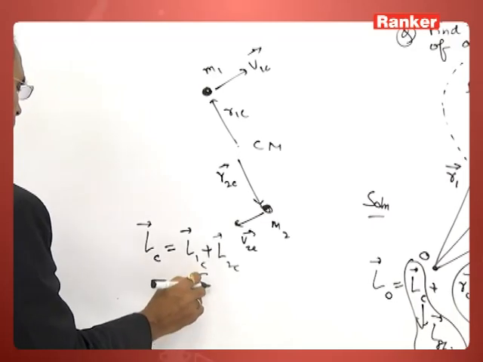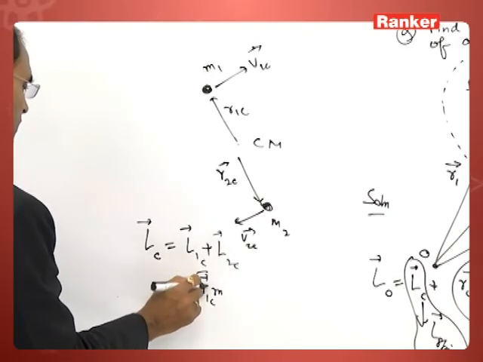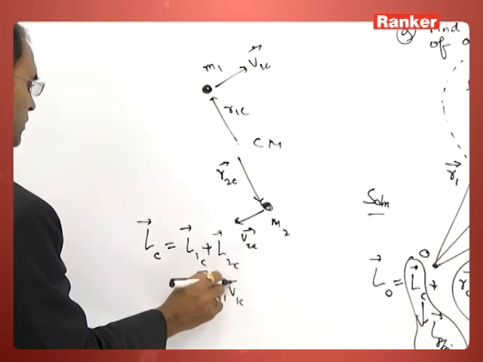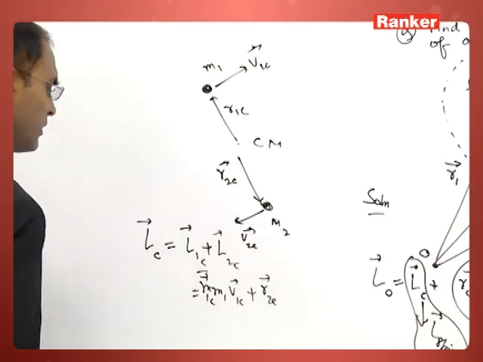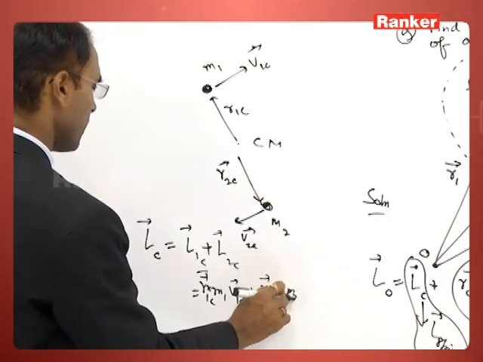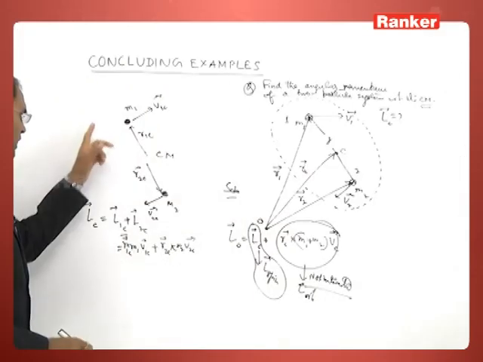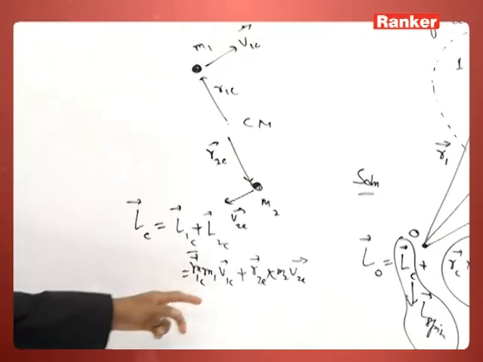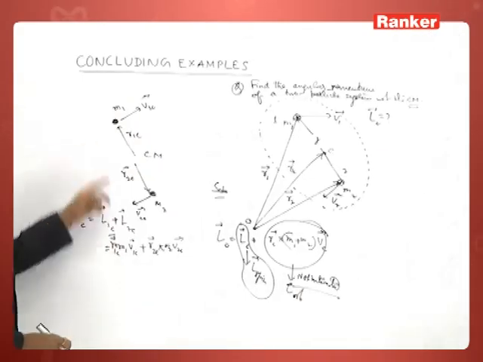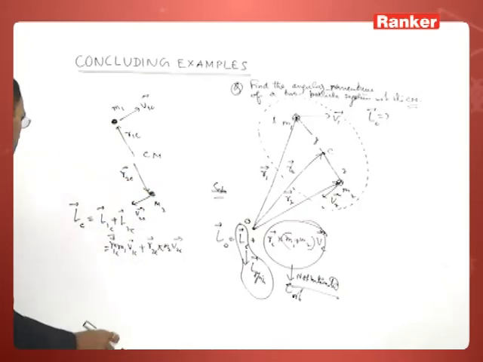L1c is equal to r1c cross m1 v1c. L2c will be equal to r2c cross m2 v2c. r1c and r2c are the position vectors of the particles with respect to the center of mass, and v1c and v2c are the velocities of the particles with respect to the center of mass frame.